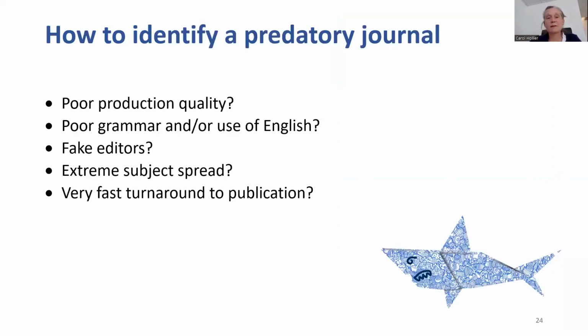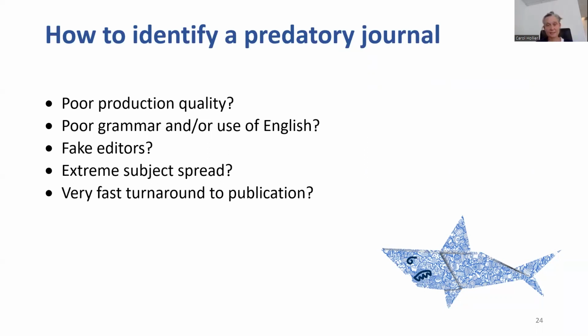So what are characteristics that might help you identify a predatory journal? These are some of the characteristics that we see listed a lot. That there's poor production quality and also poor grammar or use of English. It's a common practice that they have fake editors.